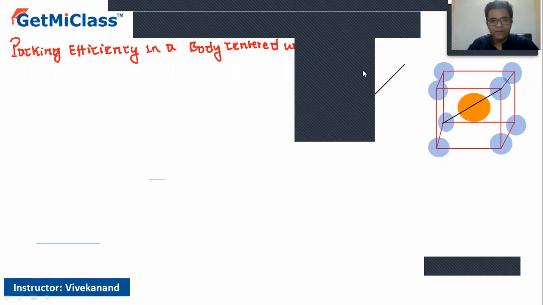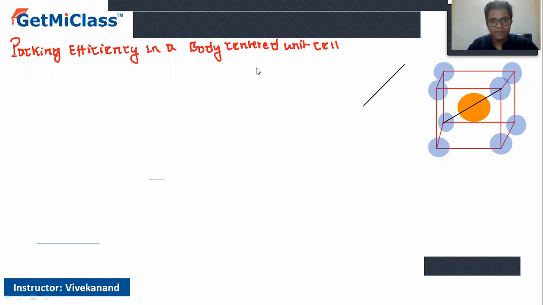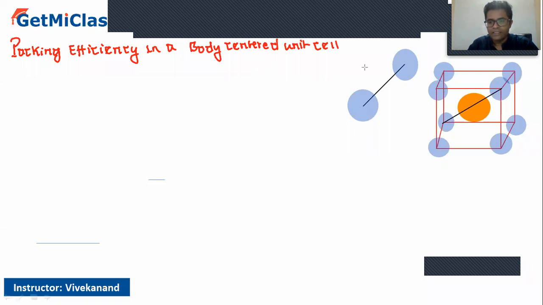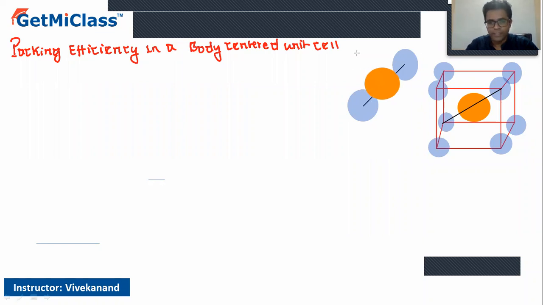So here is our first particle somewhere like this. This is the last particle as what we have over here, right? And this is the center particle as what we have drawn, which is connecting like this. Actually, this particular diagram should be like this.